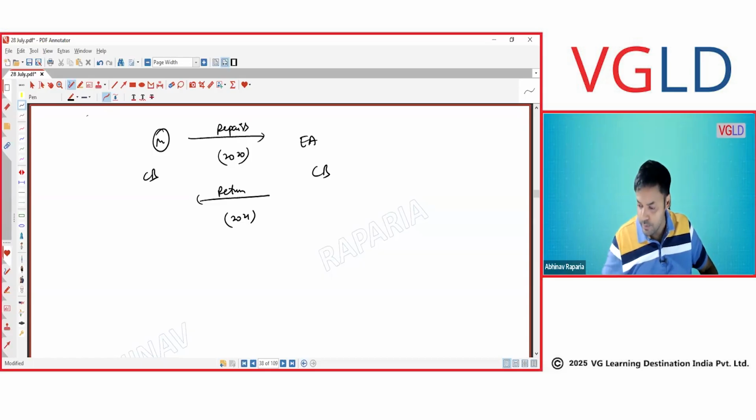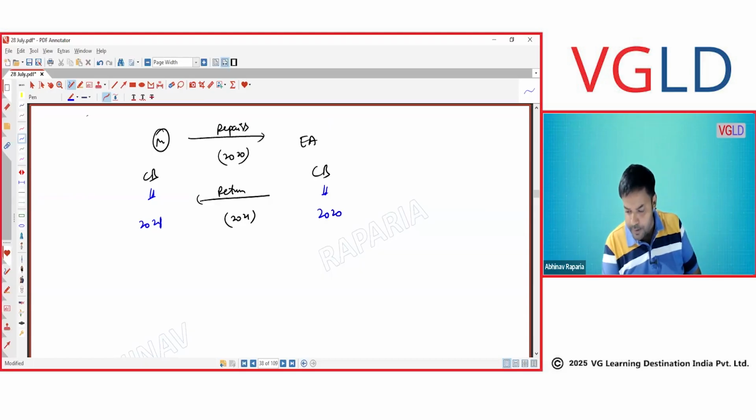Whenever they are going to receive it. In simple form, let's say the mechanic is receiving it in the year 2021, so the mechanic is going to put it in the year 2021. EA is going to put it when they are receiving it. I hope it is okay.